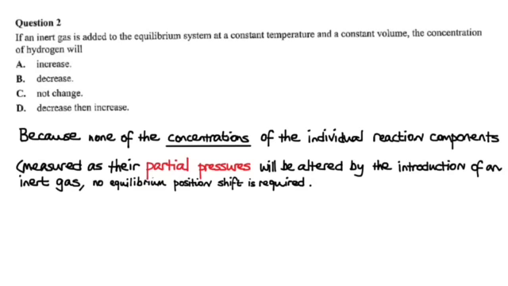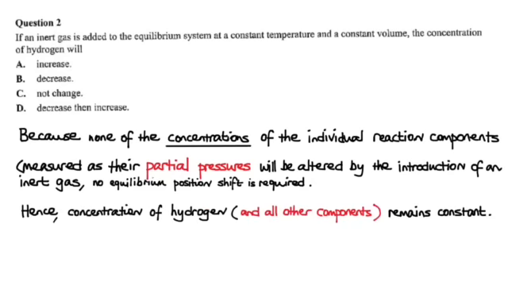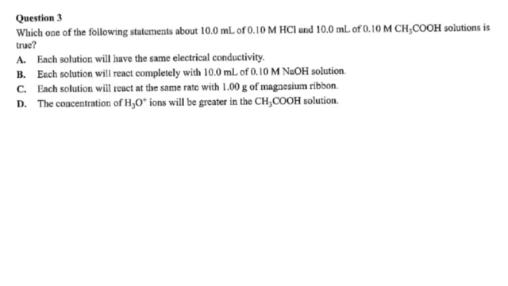No equilibrium position shift is required and none will eventuate, okay? Hence the concentration of the hydrogen and, for that matter, all other components remains constant, okay? So the answer is going to be C, okay? Did you know that? Inert gases don't change anything, guys.